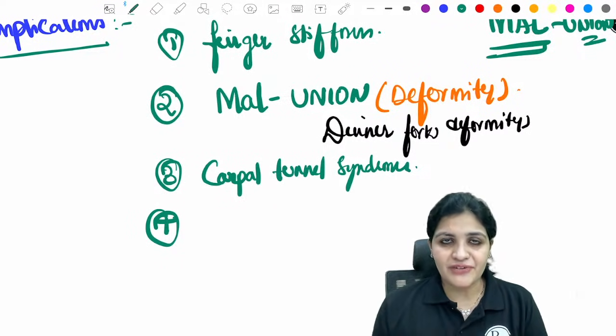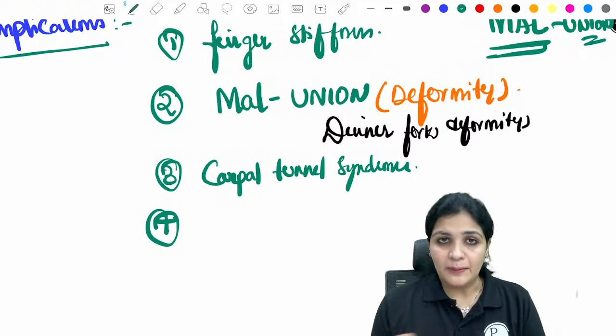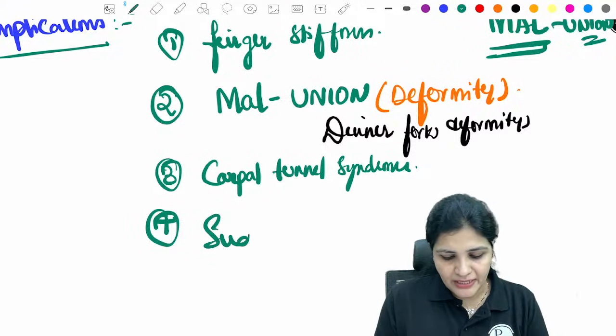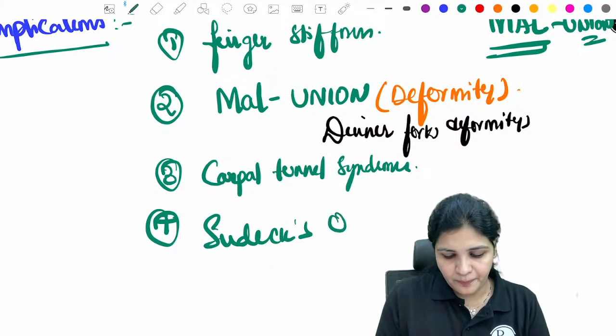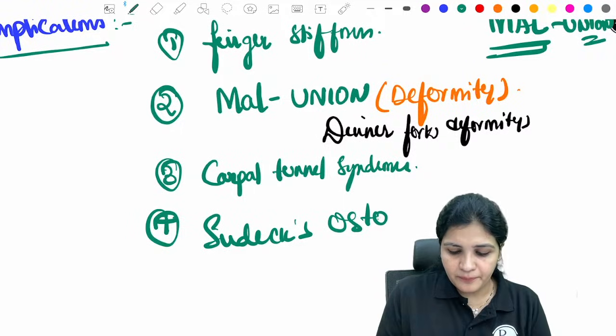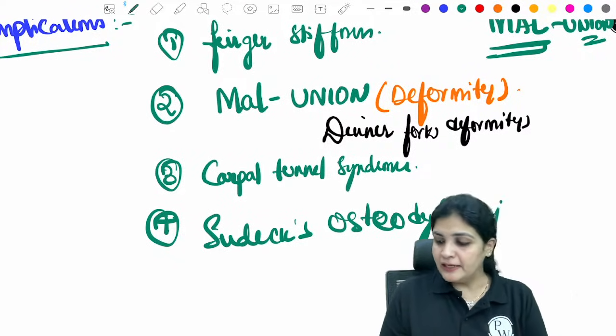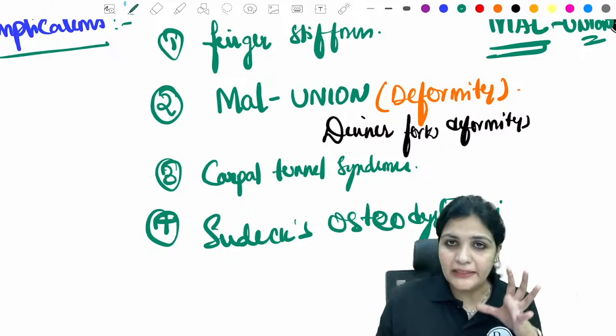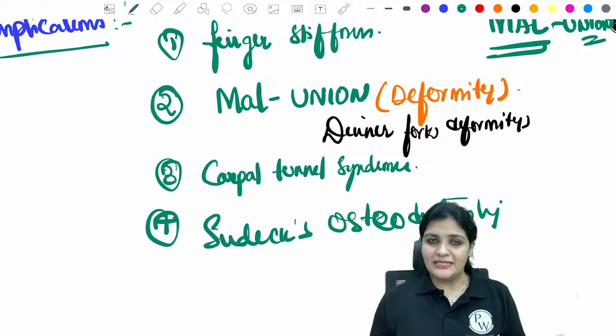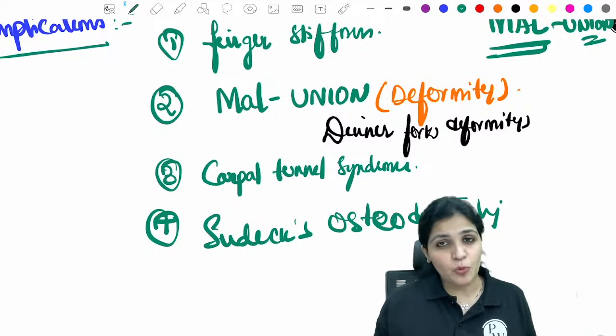So finger stiffness, I told you, malunion, carpal tunnel syndrome, and Sudeck osteodystrophy. So this is a very discouraging diagnosis for the patient as well as the surgeon, because this has no treatment.